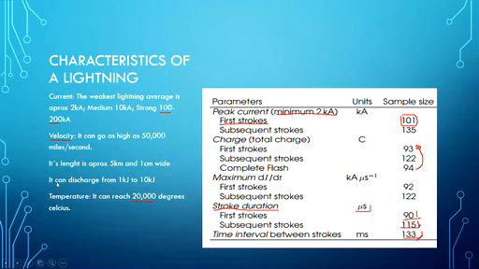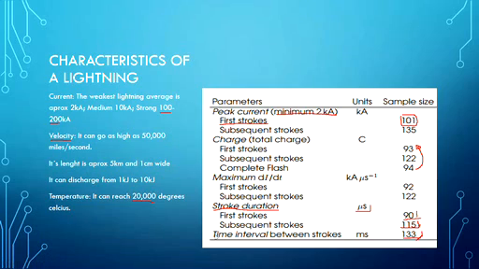A lightning can discharge from 1 kilojoule to 10 kilojoules, and that's actually a lot. And the temperature can actually reach 20,000 degrees Celsius. With all these measures, we can see why a lightning is so dangerous for a living being.